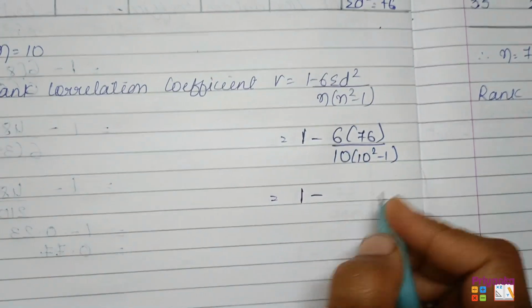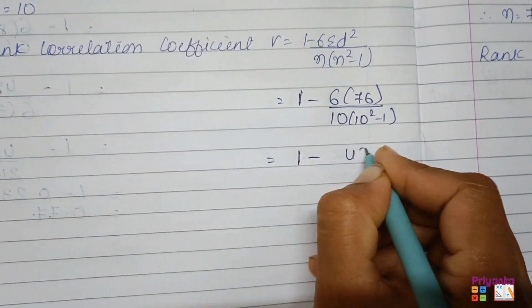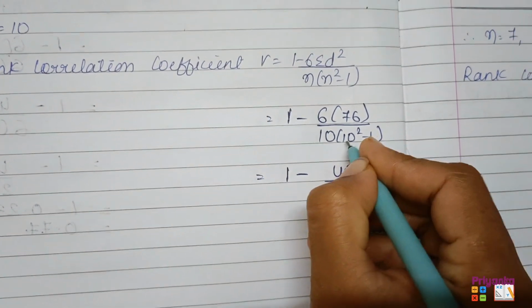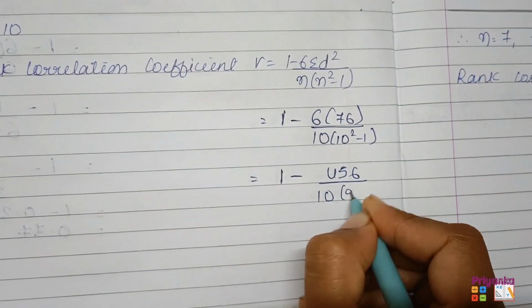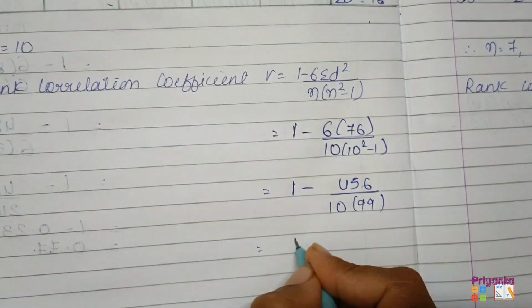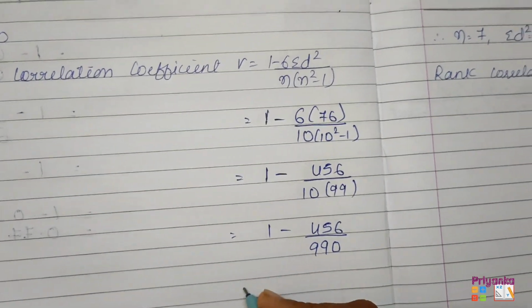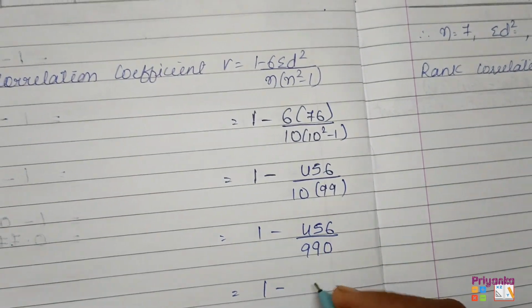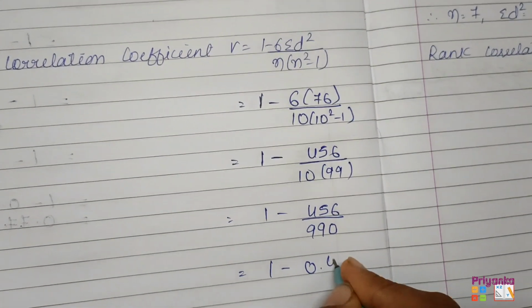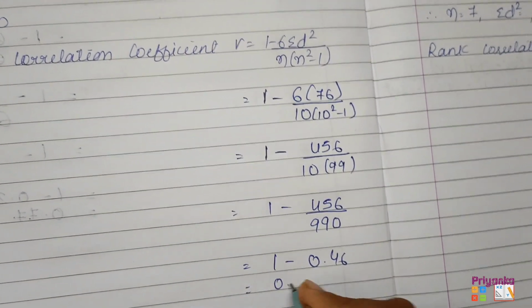So here 76 into 6, here we get 456. 10 into 10 square, that is 1000, and 100 minus 1, 99. 1 minus 456 divided by 990. Calculate this first, you will get 0.46, and here the answer is 0.54.